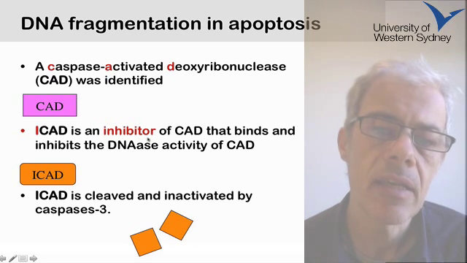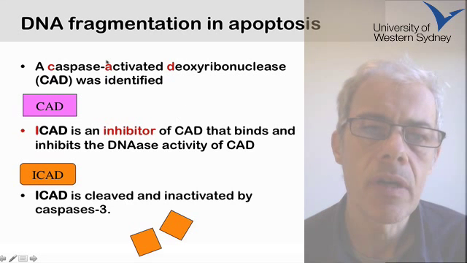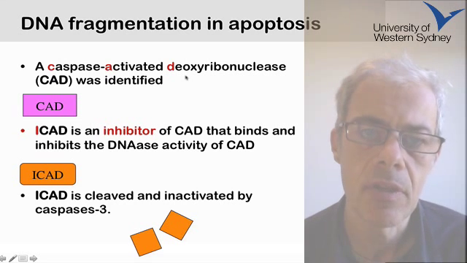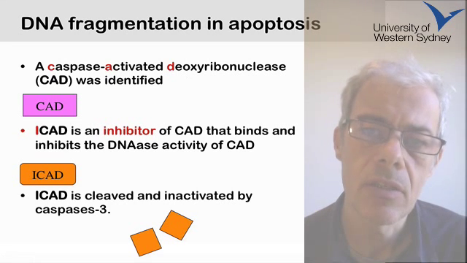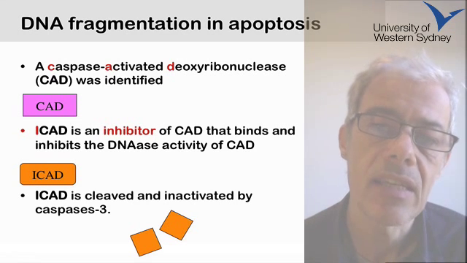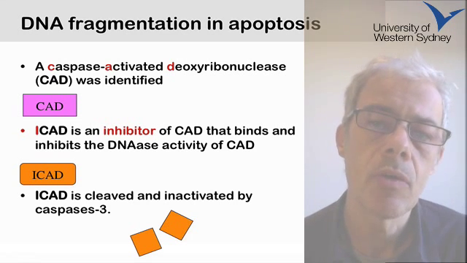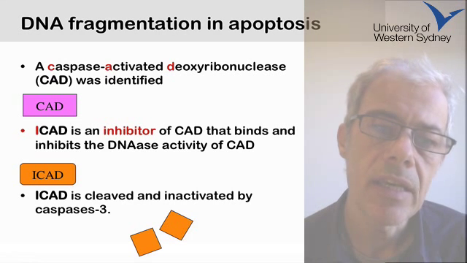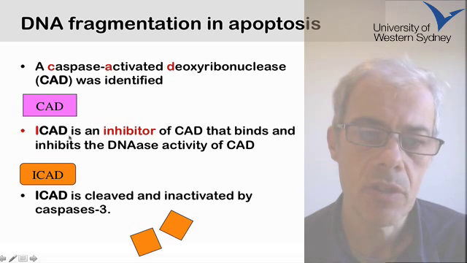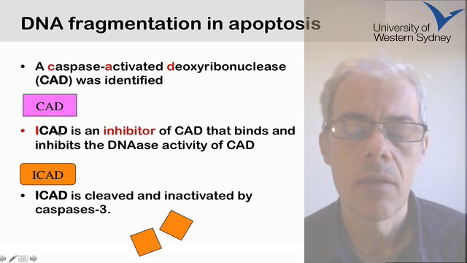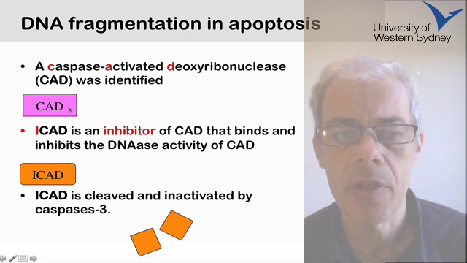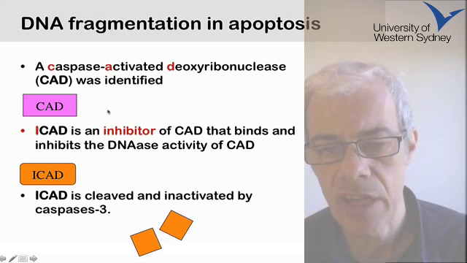Now, ICAD is an inhibitor of a caspase activated deoxyribonuclease. So the CAD protein is a deoxyribonuclease. This means it's an enzyme activity that can cleave DNA. So this activity is inhibited by ICAD, an inhibitor of a deoxyribonuclease. Caspases cleave the inhibitor, release the deoxyribonuclease, leading to DNA fragmentation.